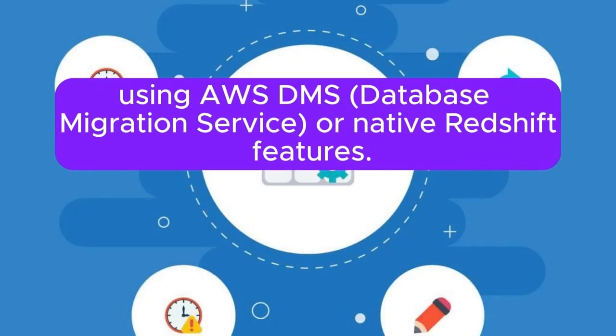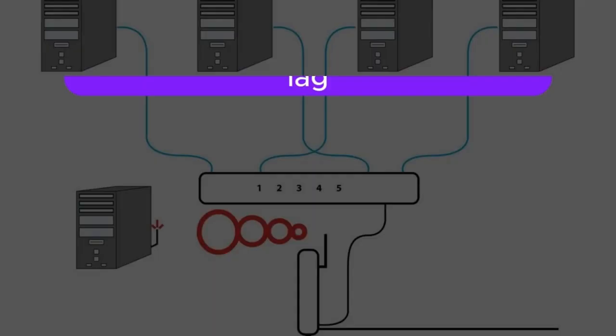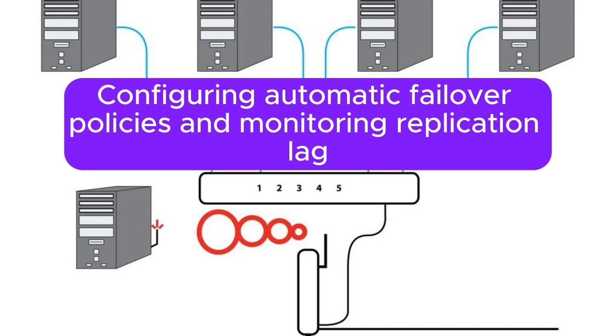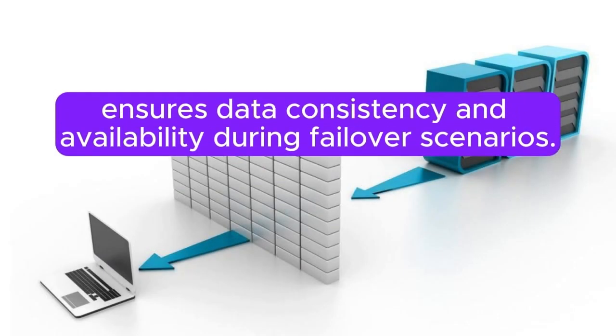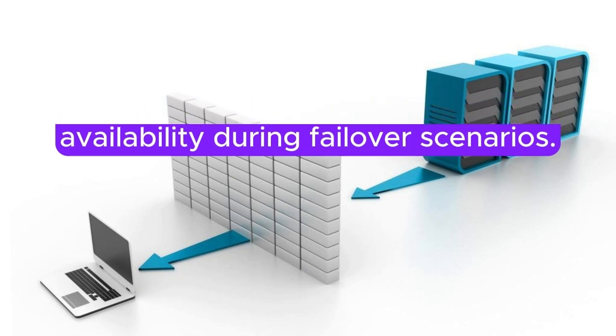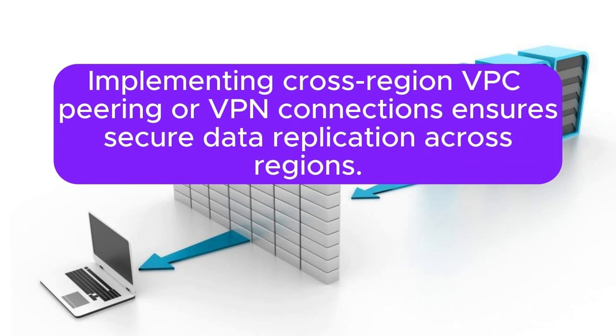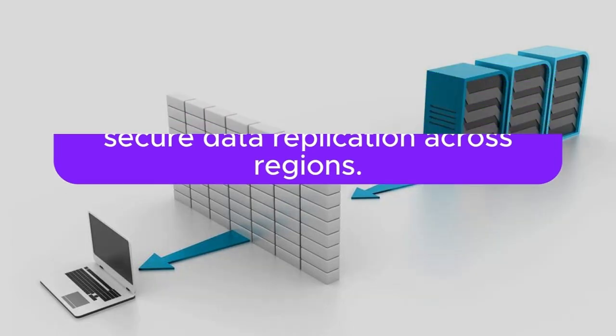Using AWS DMS (Database Migration Service) or native Redshift features, configuring automatic failover policies and monitoring replication lag ensures data consistency and availability during failover scenarios. Implementing cross-region VPC peering or VPN connections ensures secure data replication across regions.